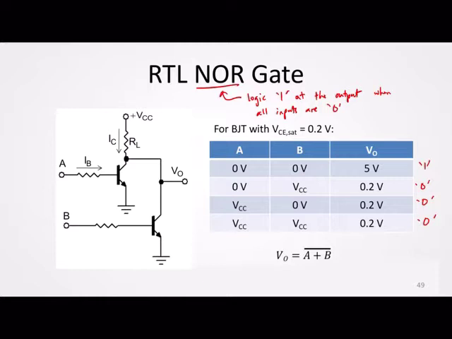Or if you want to connect it to our definition of the OR gate, the OR gate gives a logic 1 at the output when at least one input is high. So we just change it: for NOR, logic 0 at the output when at least one input is high. So that's the RTL NOR gate.